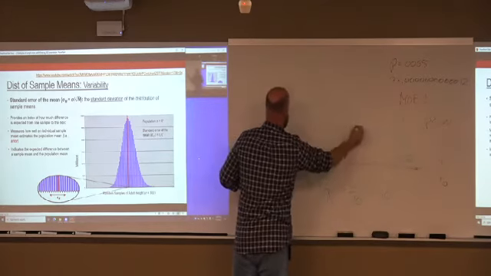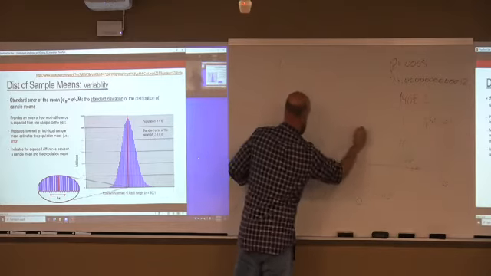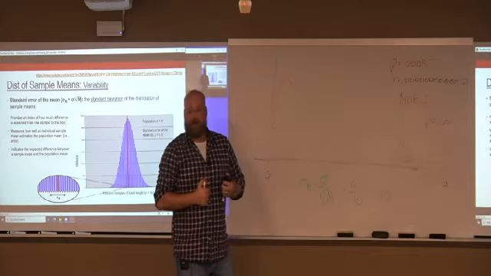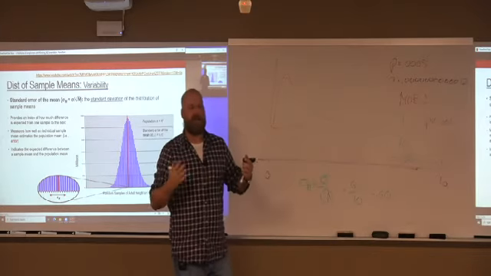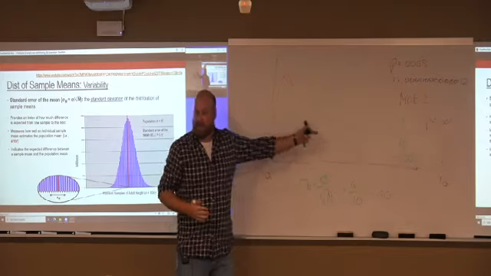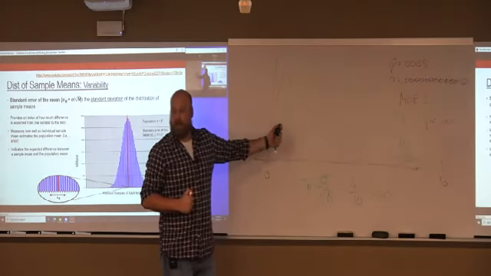Let's say here's my distribution, right? And let's say this is a characteristic like, I don't know, psychopathy or something like that. Hopefully people are going to be way down here, but you're going to get some people who are out there, right? That's very clearly not a normal distribution.